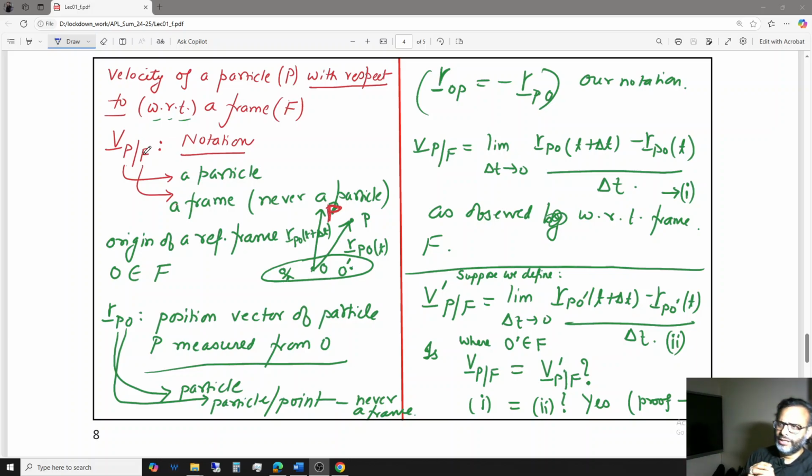Please keep in mind, whatever notations I am showing, you have to follow that. I know there are different books following different notations, and I am not stopping you from reading all those books. You read as many books as you want.